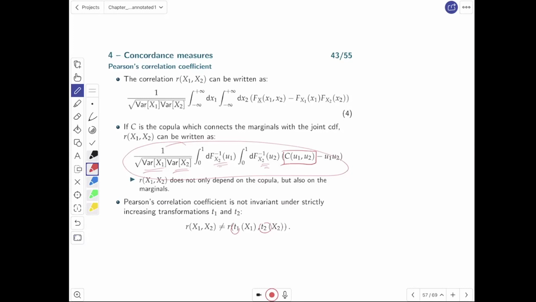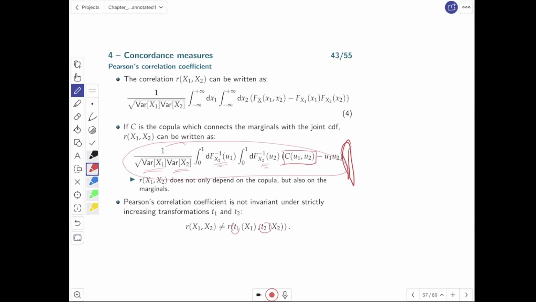The copula for the joint CDF x1, x2 is the same as the copula for the joint CDF T1(x1), T2(x2). If the copulas are the same, the dependence is the same. How the two random variables x1, x2 are moving together is the same as how the random variables T1(x1), T2(x2) are moving together. But if you look at this formula for the correlation, it can happen that you get a different correlation for x1, x2 compared to T1(x1), T2(x2), which is a problem, right?